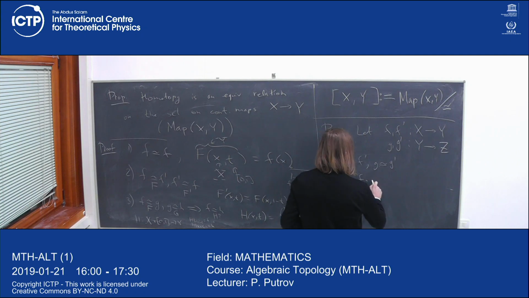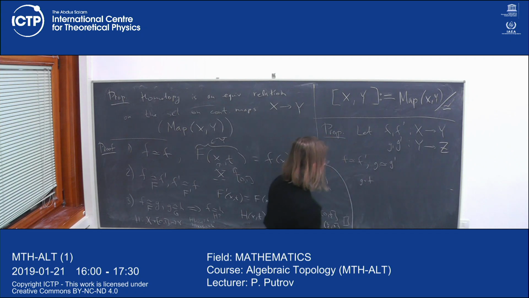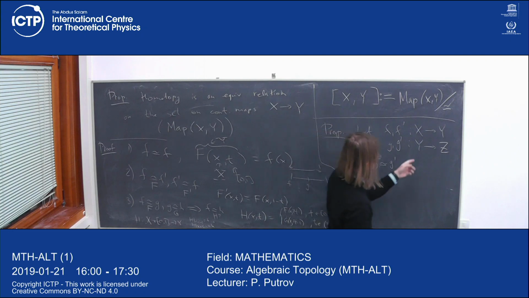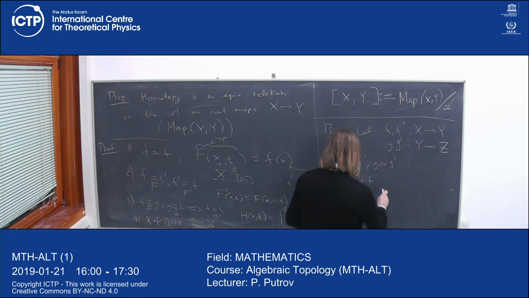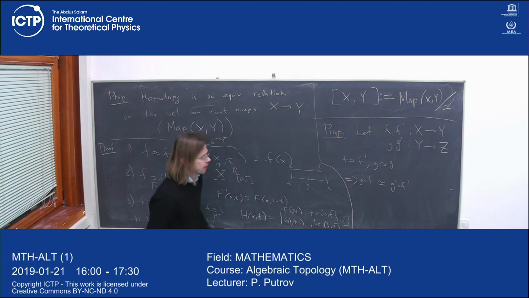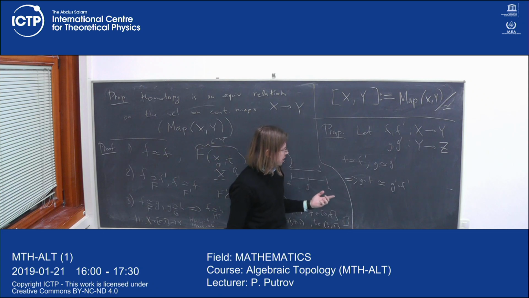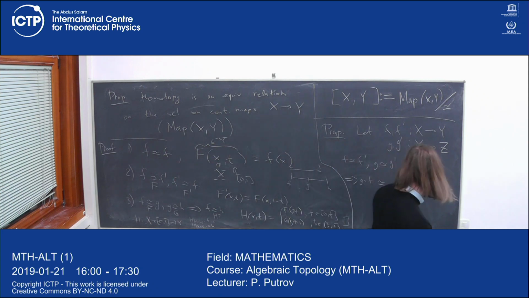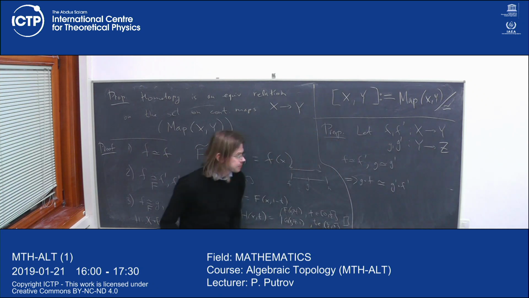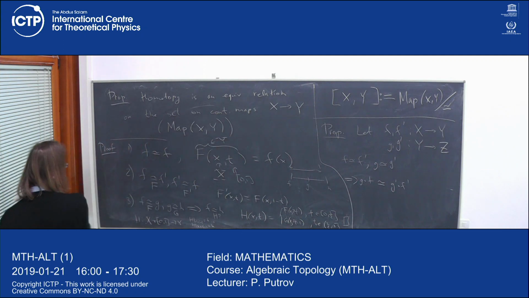The composition of g and f gives me a continuous map from x to z, and the statement is that this map is homotopic to g prime f prime. So in other words, the composition of maps respects homotopy equivalence. So let us show this.